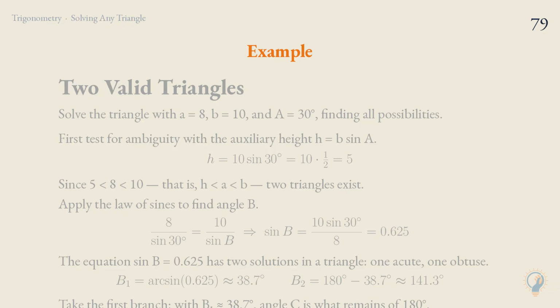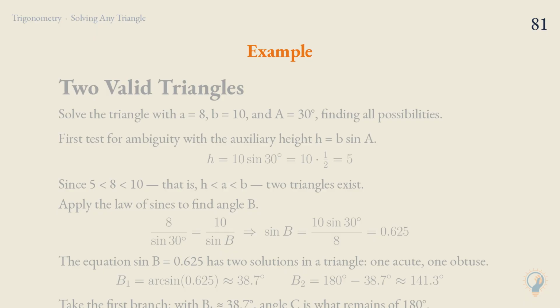Now the second branch. With B sub 2 about 141.3 degrees, a much smaller angle C remains. C sub 2 equals 180 minus 30 minus 141.3, which is 8.7 degrees. Then c sub 2 equals 8 times the sine of 8.7 degrees over the sine of 30 degrees, about 2.4.